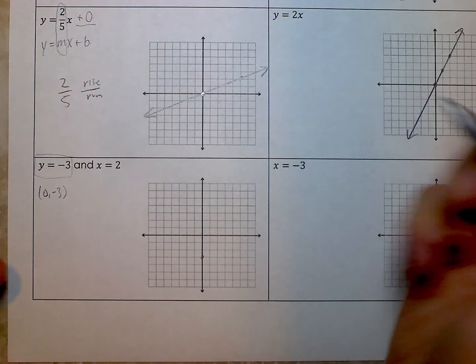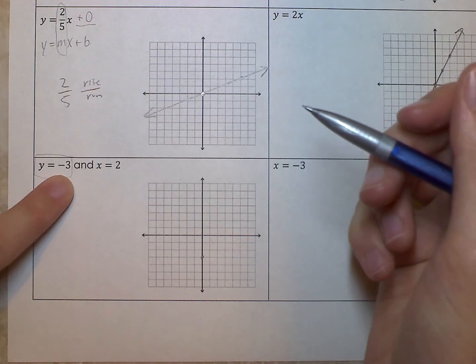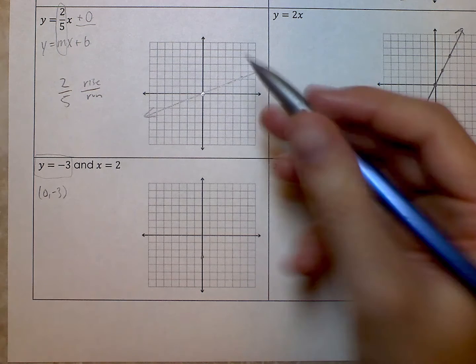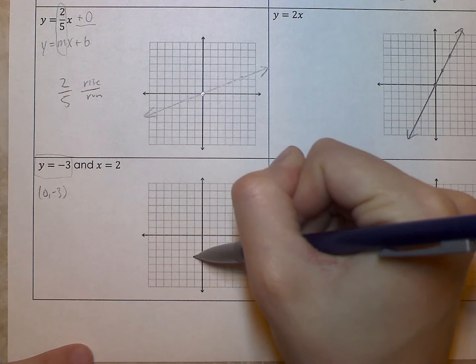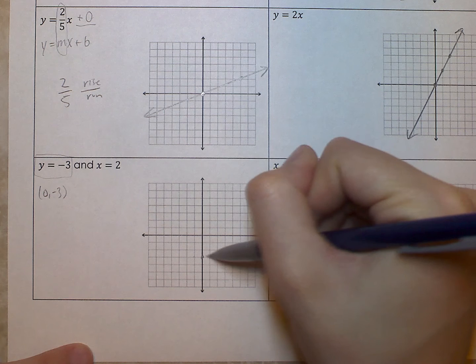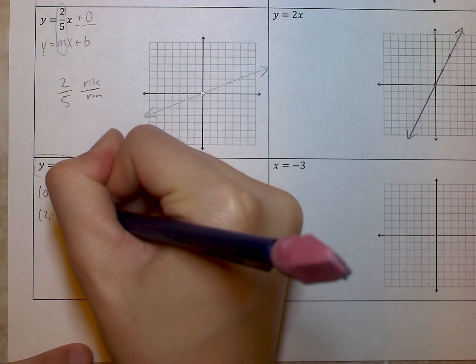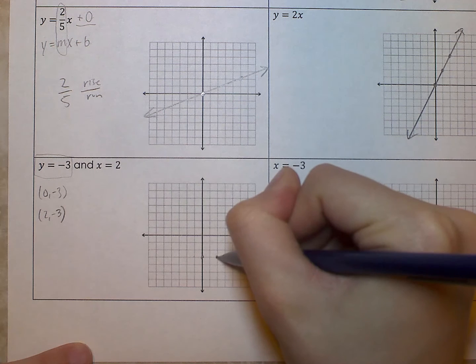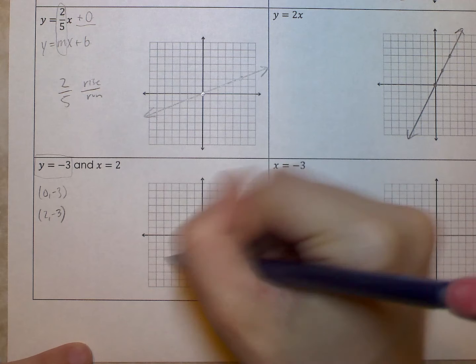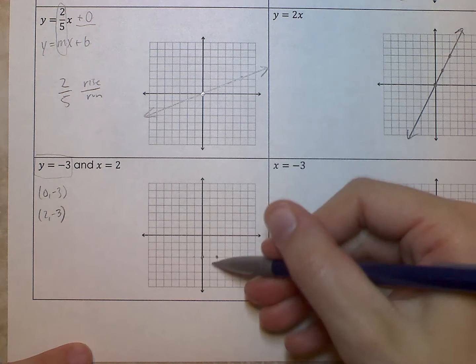Where else is the y coordinate, the y value, -3? Well, anywhere along here, like this point, for example. That point is 2, -3, right? Because it's still down 3.